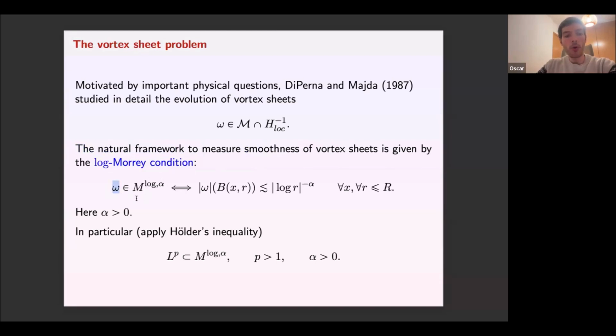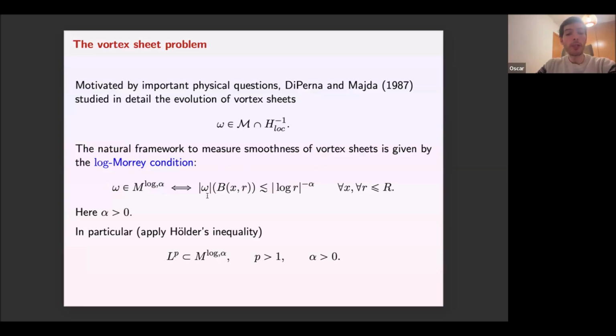And here I'm recalling the definition of Morrey space with logarithmic decay. So we will say that the measure omega belongs to this Morrey space with log exponent alpha if and only if this condition holds true.